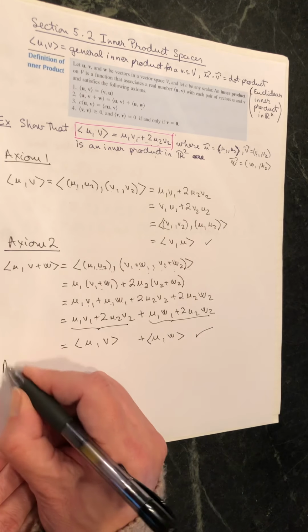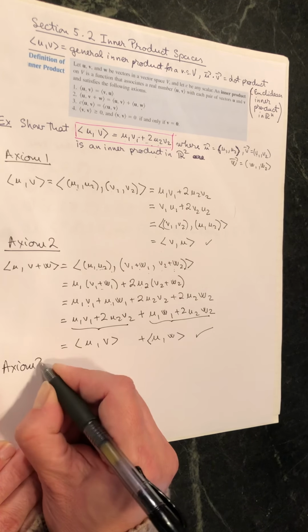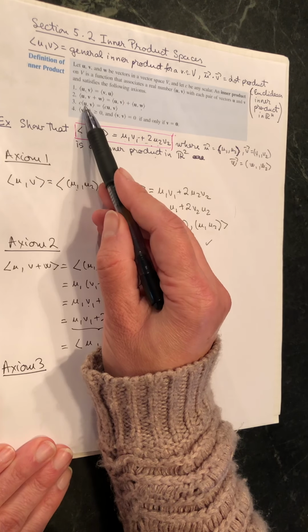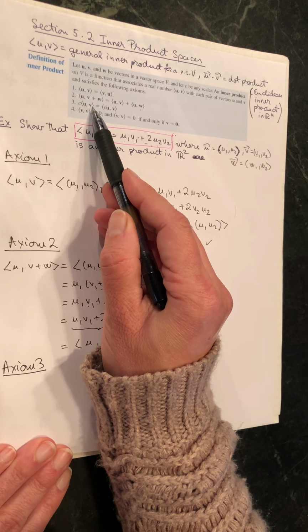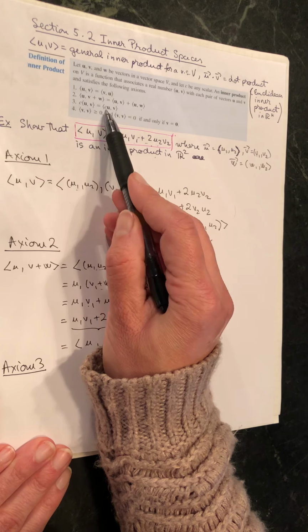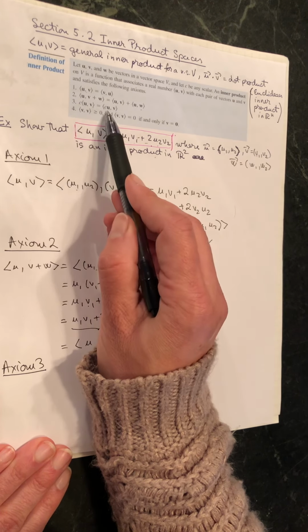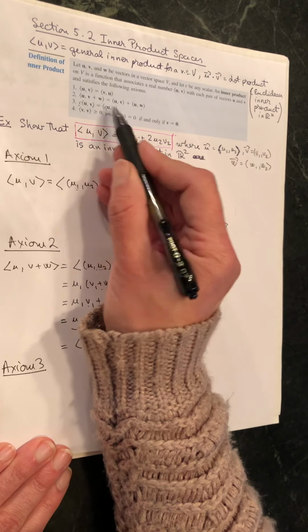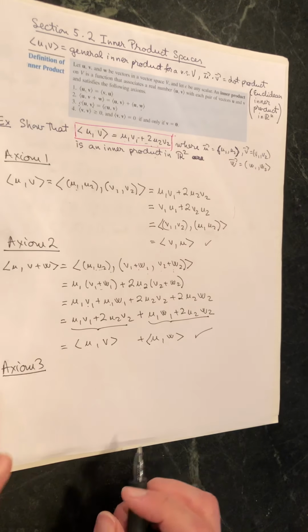For axiom 3, again, we have to show this in general. We have to show that the inner product of cu and v is the same as distributing the constant to just one of the components. We're going to start with the left-hand side and end with the right-hand side again.